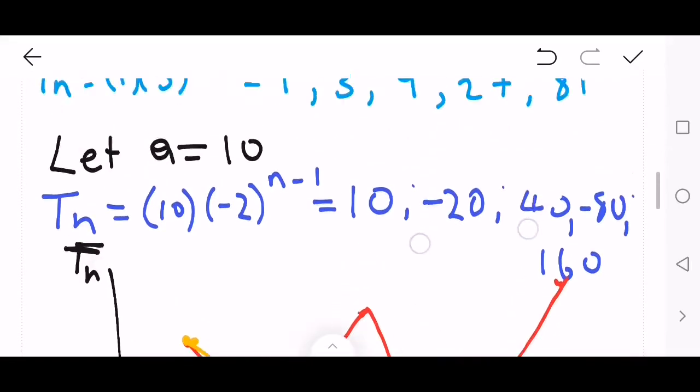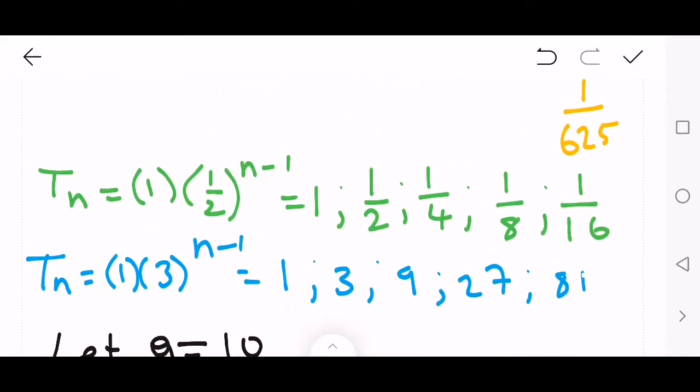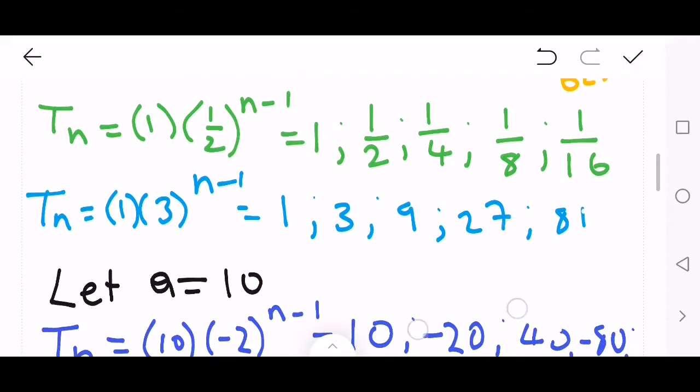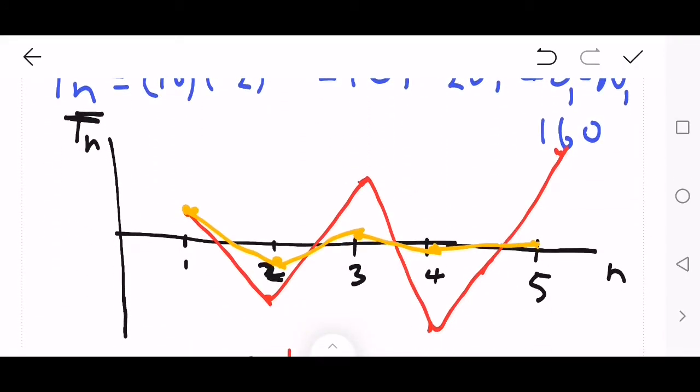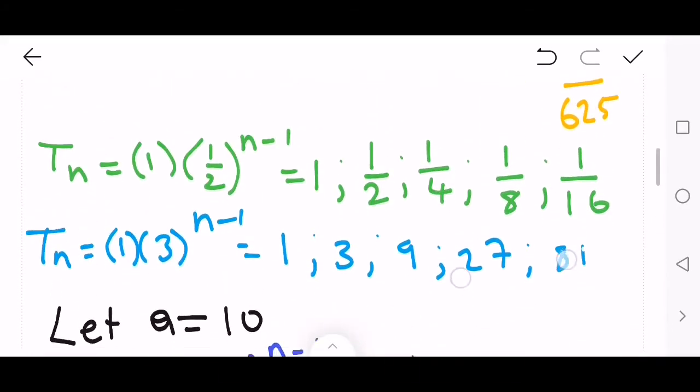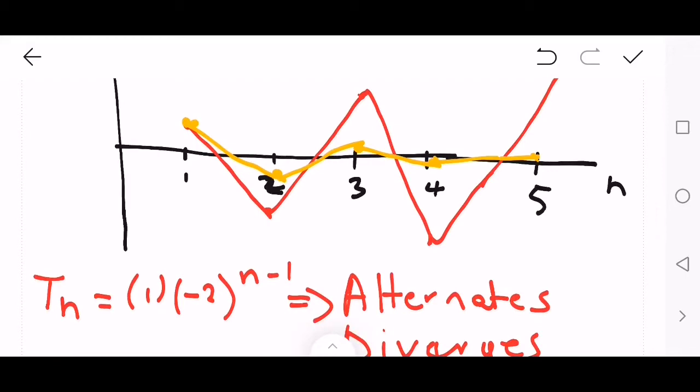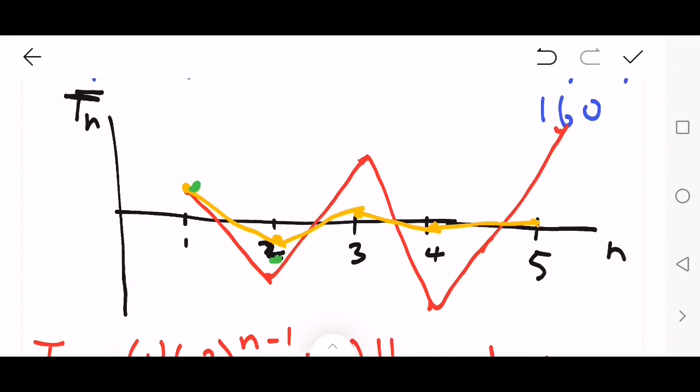Now let us look at r equals 1 over 2. Our first term is 1. Our second term is 1 over 2.